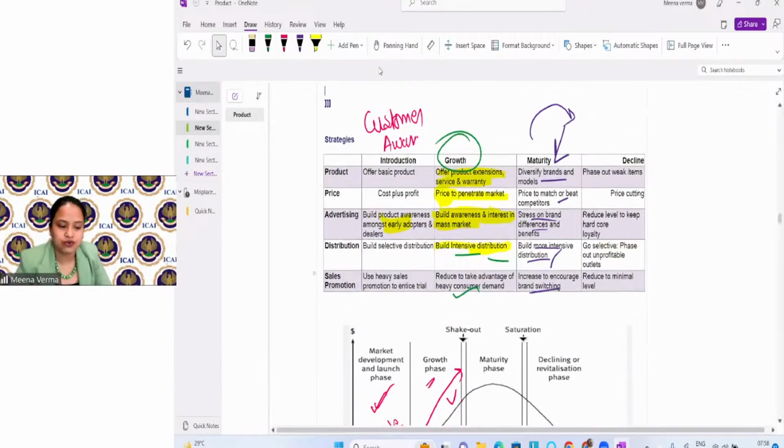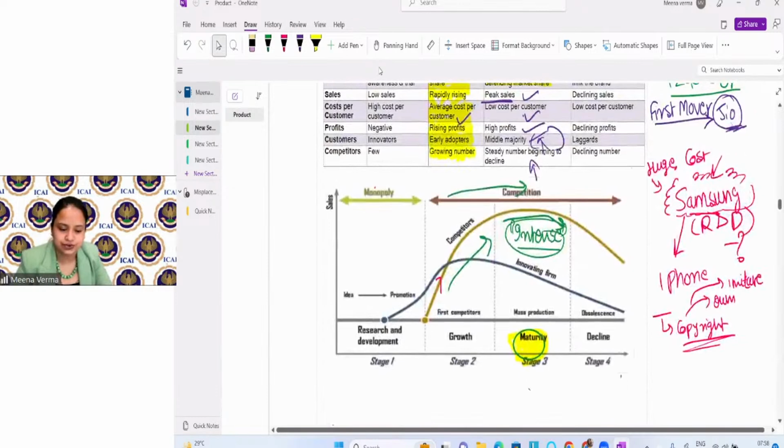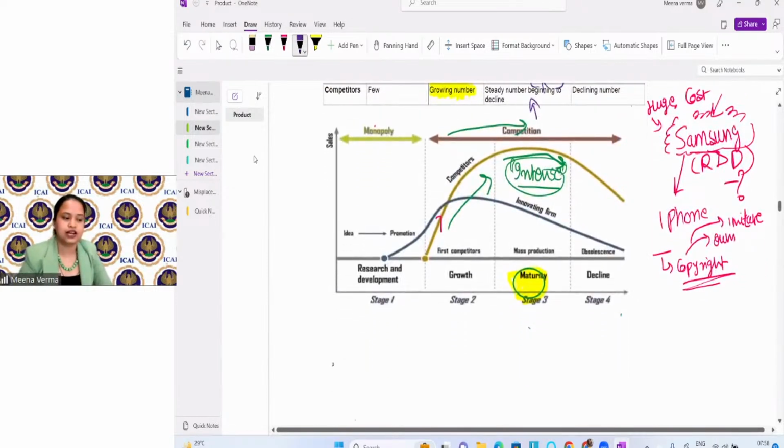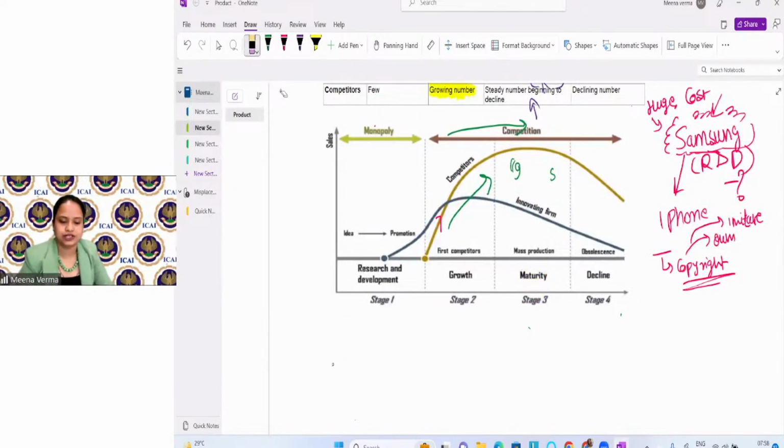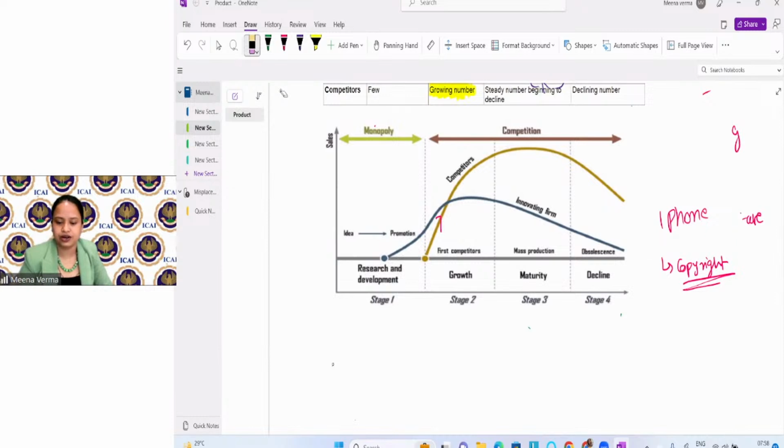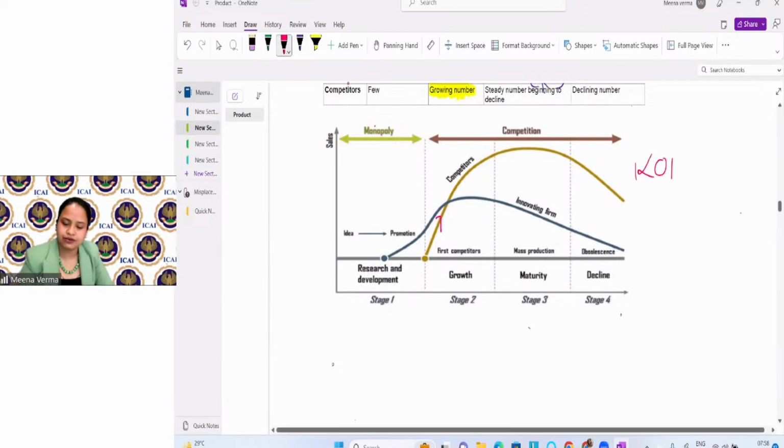Now see, what will happen after the maturity stage? Gradually the product will reach the death stage. All right, after this, the product will gradually reach where? The death stage. So what is the example of this? Like Kodak company, Nokia company.